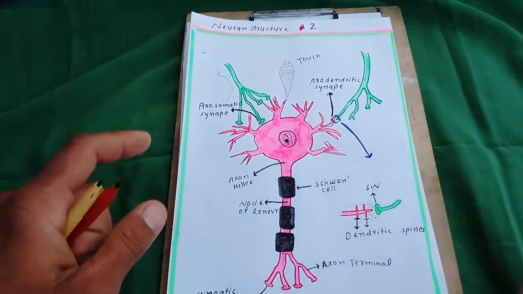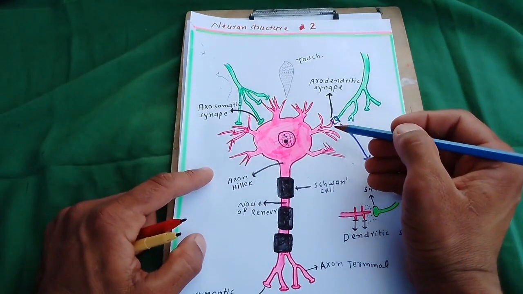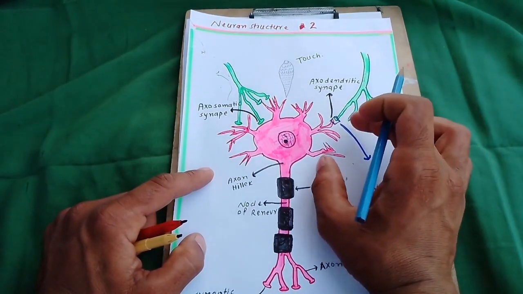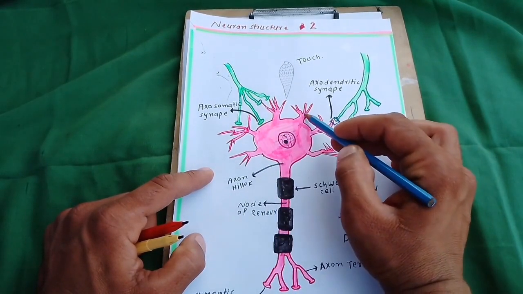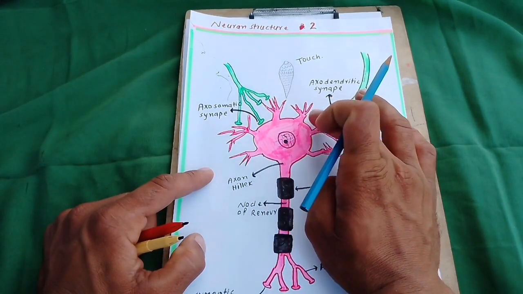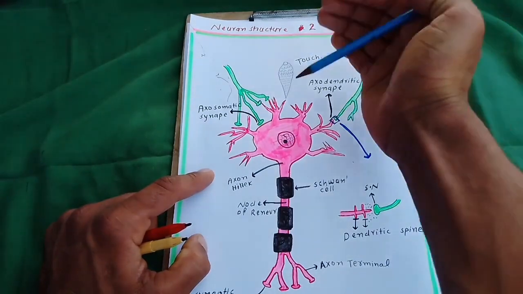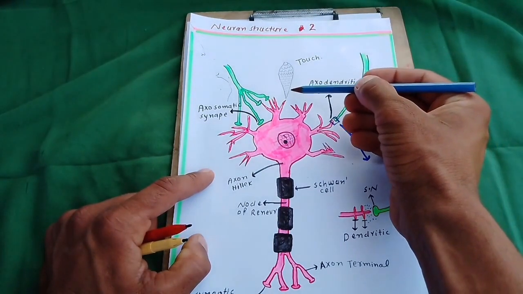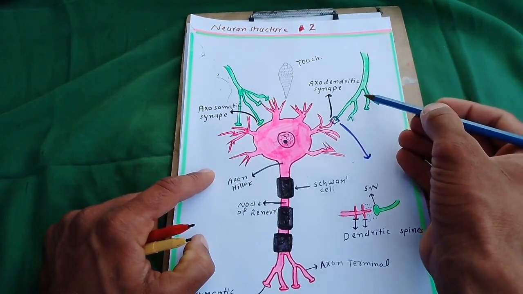Okay, what are dendrites? Dendrites are those cytoplasmic extensions of the cell body which bring stimulus from the receptor point or from another axon. This one is the other axon.